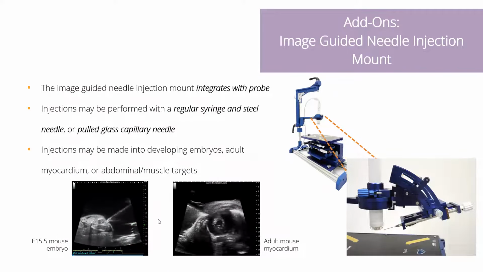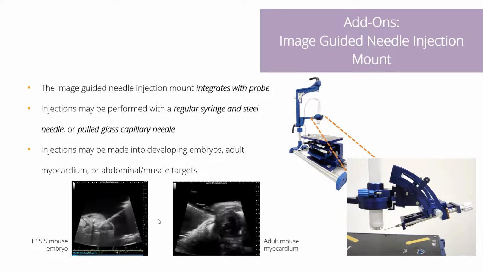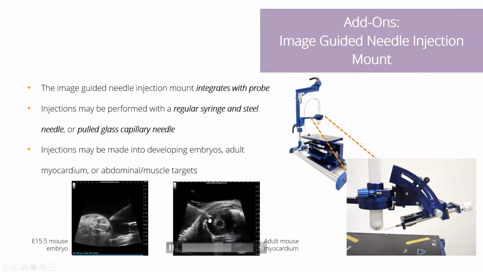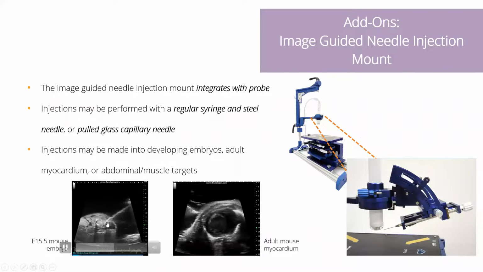Another addition that can be added to the system is image-guided injections. In this case, you may want to do an image-guided injection into the myocardium, for example, to inject stem cells into the border zone of an infarct to help heal that animal, or you may want to do image-guided injections with a pulled glass capillary into a developing embryo, for example.